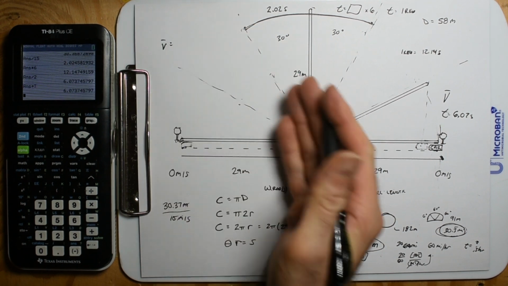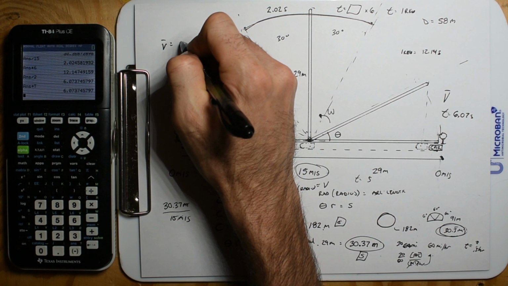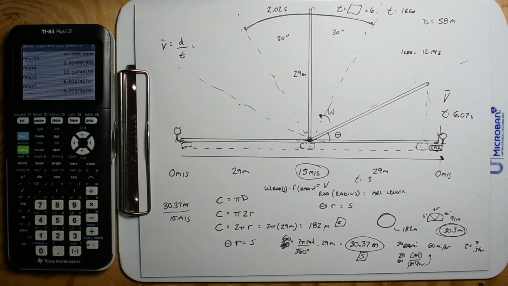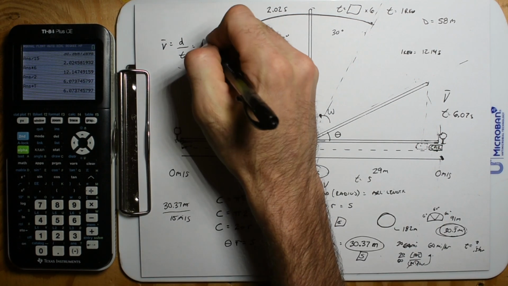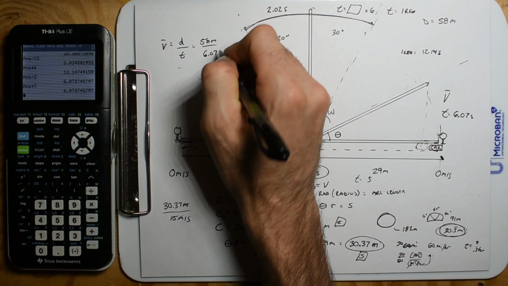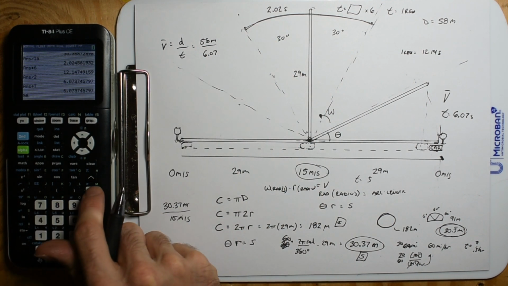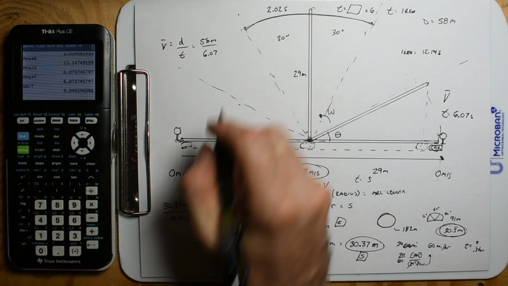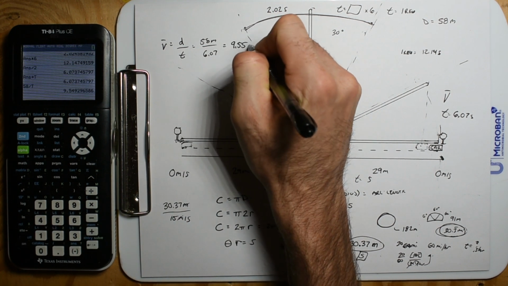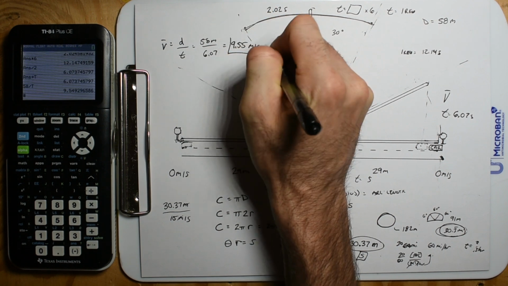Average speed is distance divided by time. The total distance is 58 meters divided by that time of 6.07, so 58 divided by alpha t. And our average speed is 9.55 meters per second.